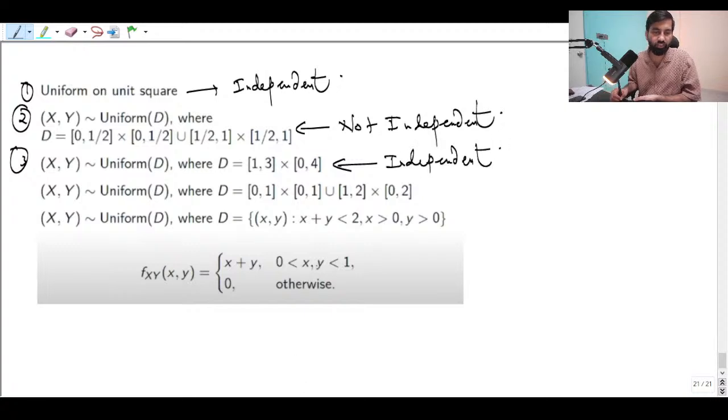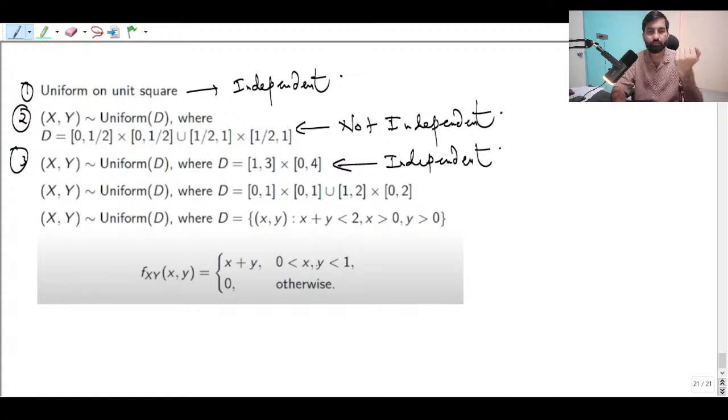Okay, you have to see inside the region of support. Certainly it is independent, right? See, it is not uniform on the unit square, but it is uniform and it is independent. You take any value of x, your y is going to be the same. It is not depending upon your value of x.